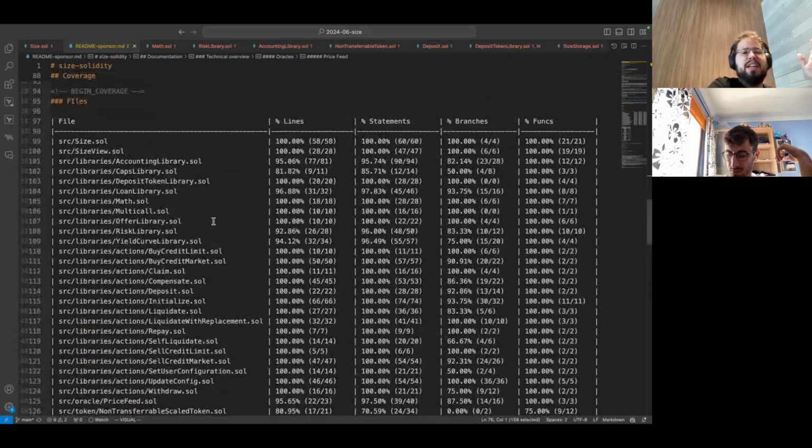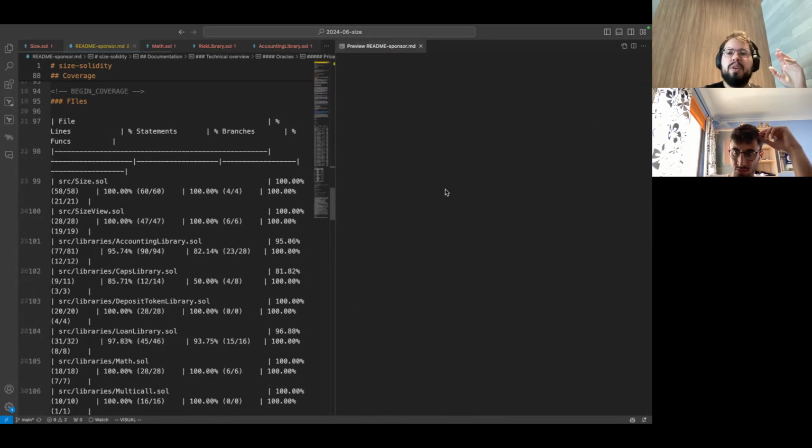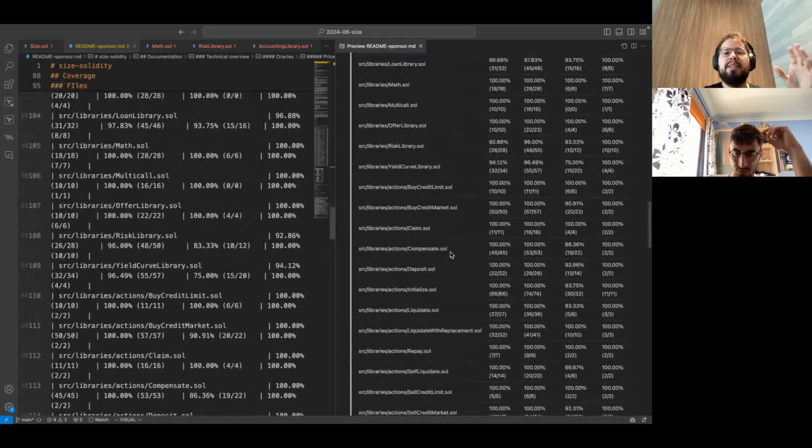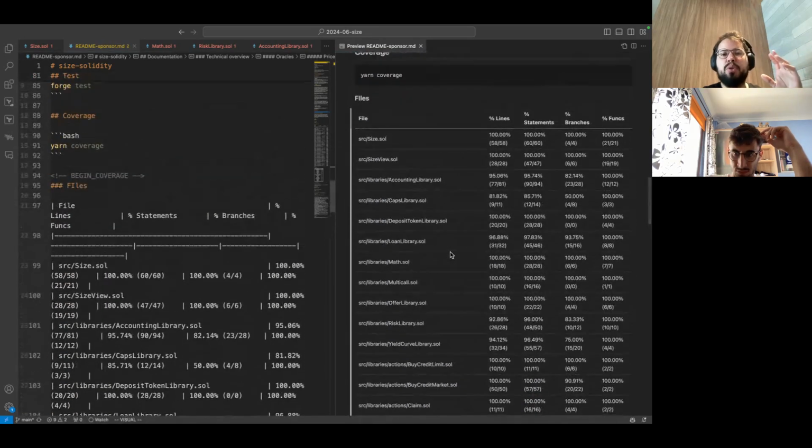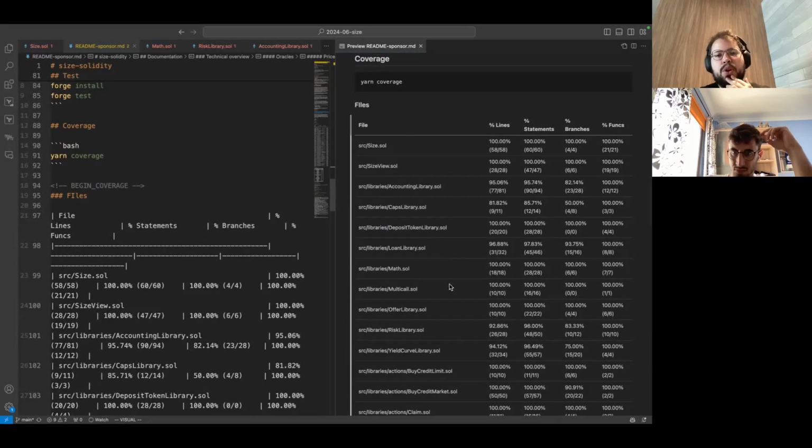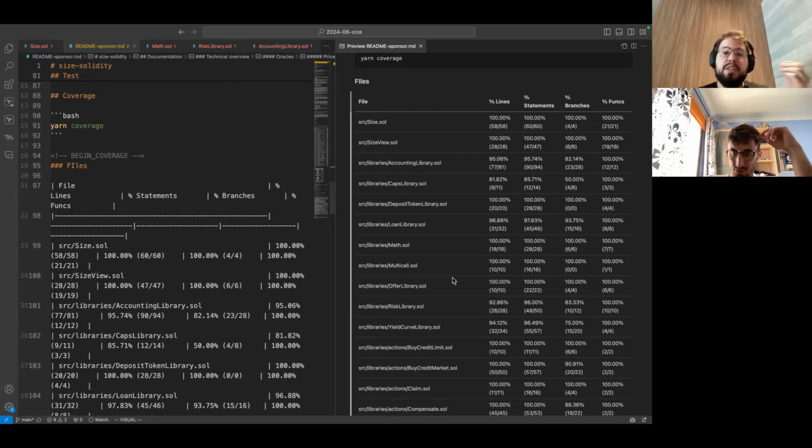I'm very proud of it, and maybe projects will start doing this more often. But I think it's nice if you can see the coverage right at the README of a protocol, so that you can basically verify how well the project is doing.